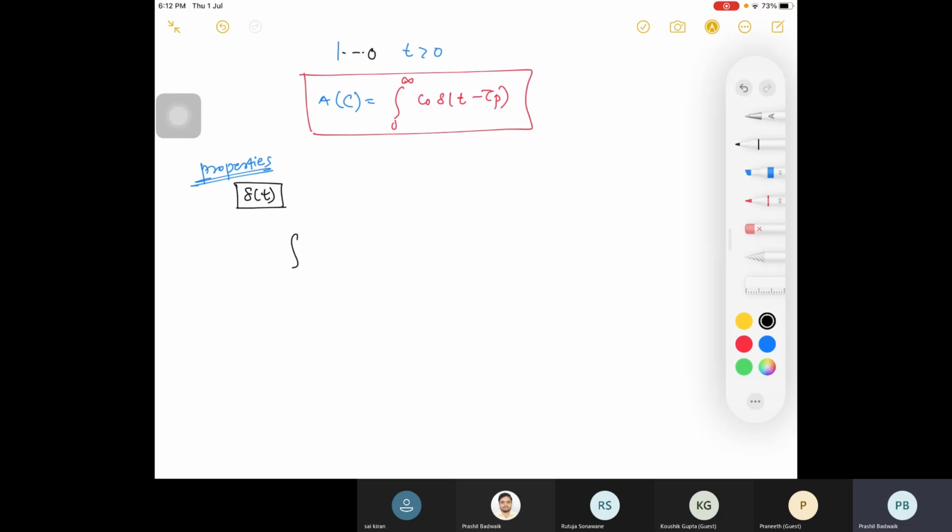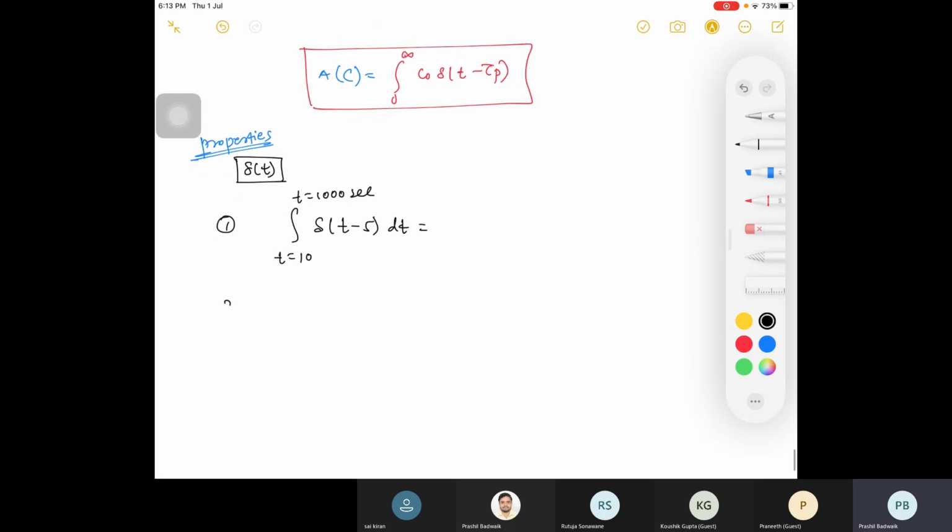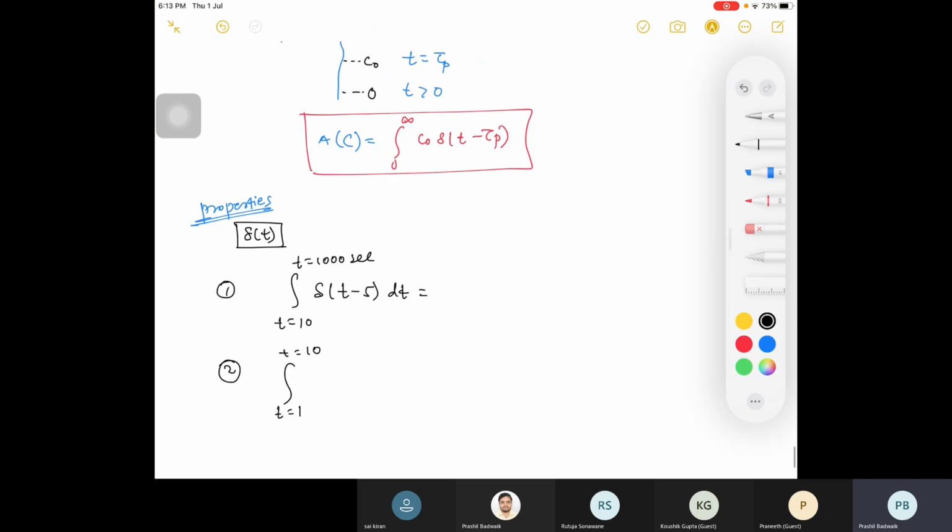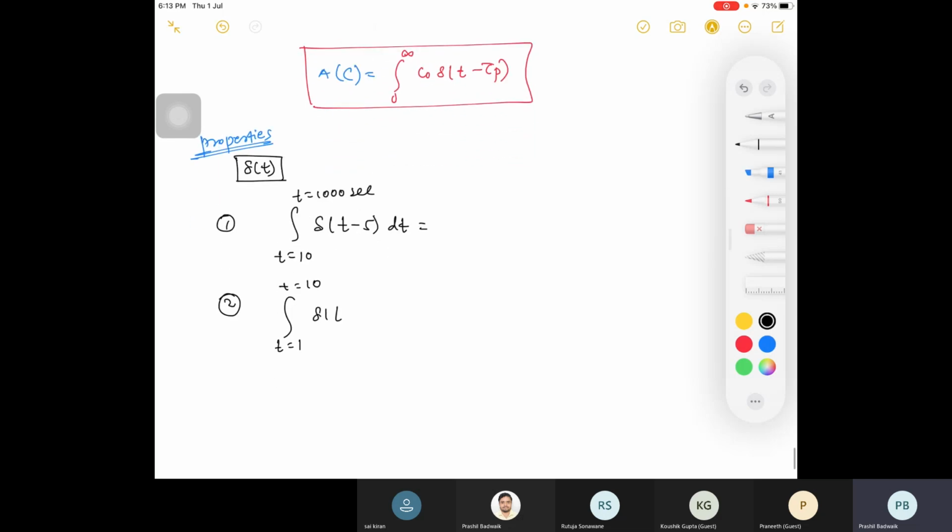Suppose I write the integral from time t equal to 10 to time t equal to 1000 seconds of del of t minus 5 dt, so what is its value? And if I write time t equal to 1 to t equal to 10 of del of t minus 5 dt.